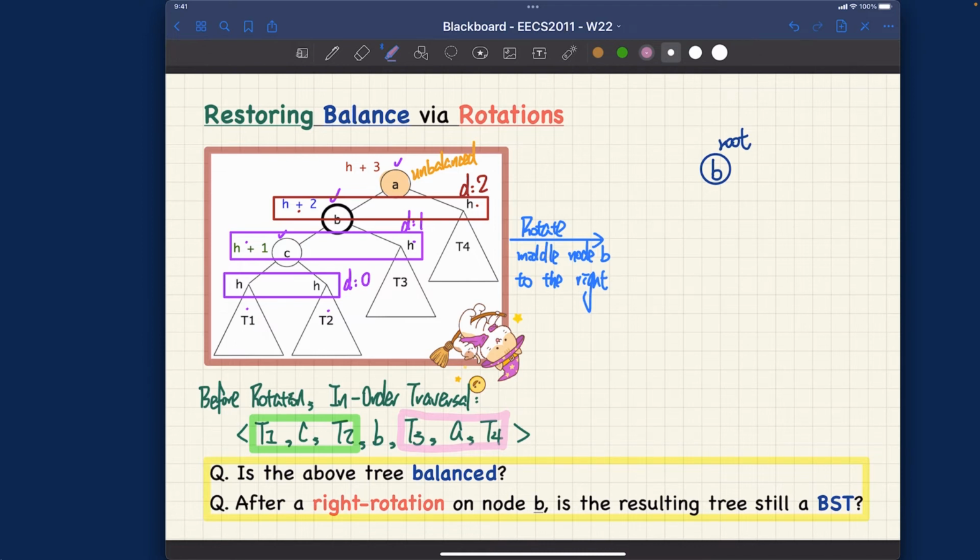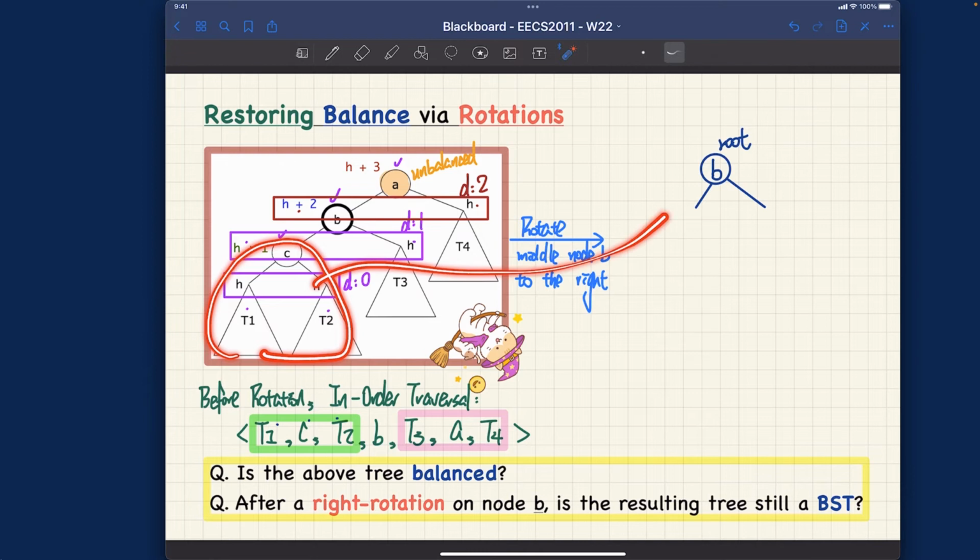We should really maintain that particular order. So we can say the left child over here and also the right child over here. The in-order traversal for the left subtree should be T1, C, and T2. That will be easy, it will just be that structure. So you can think of this entire subtree as now being connected as the left subtree of B. Let's now do that.